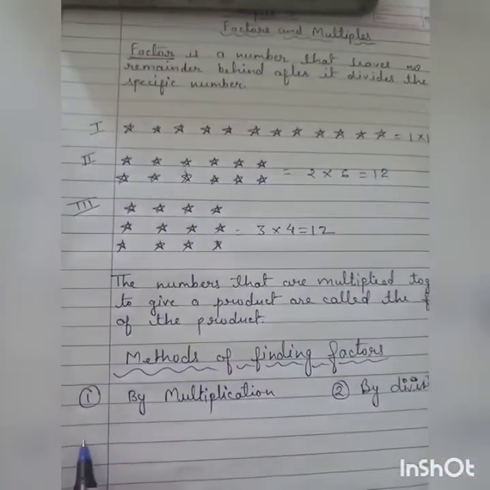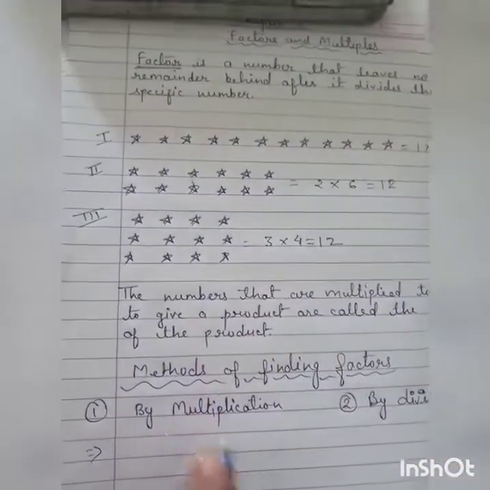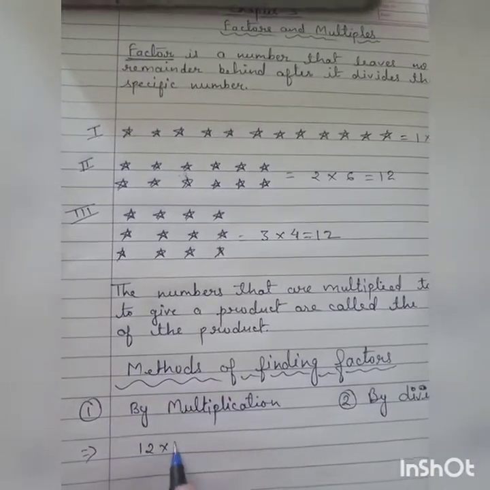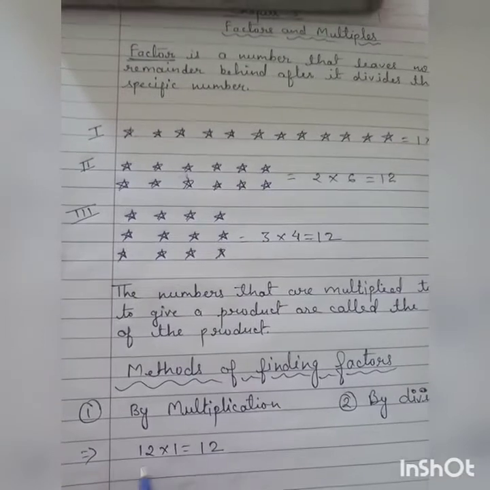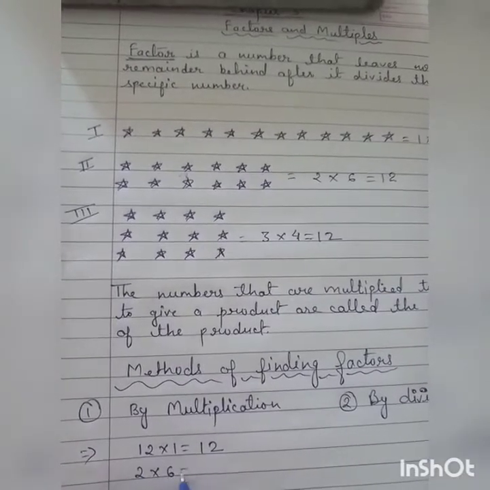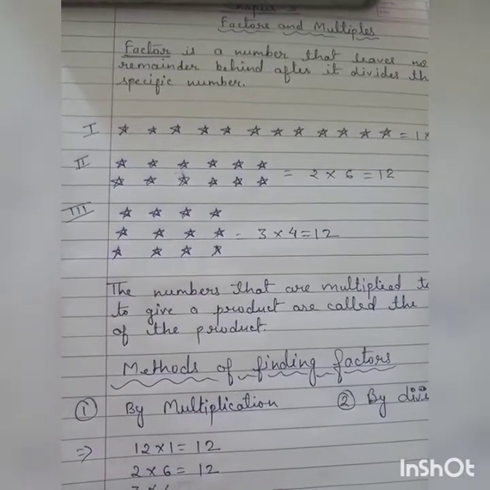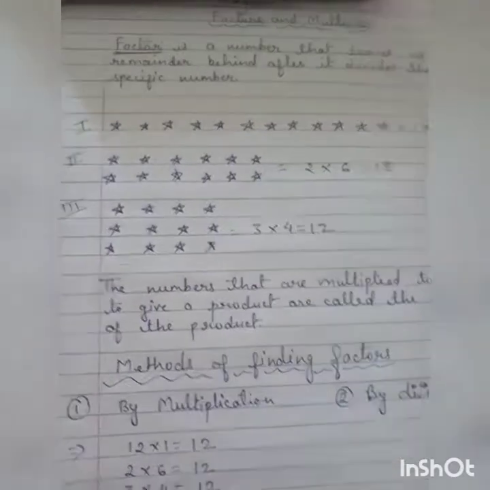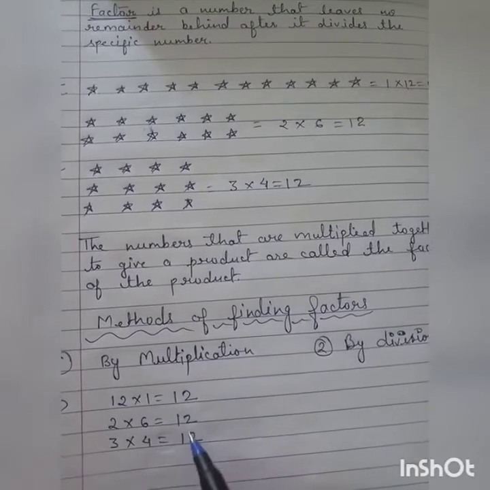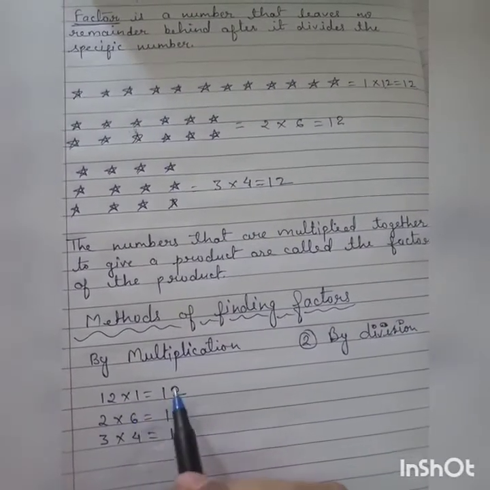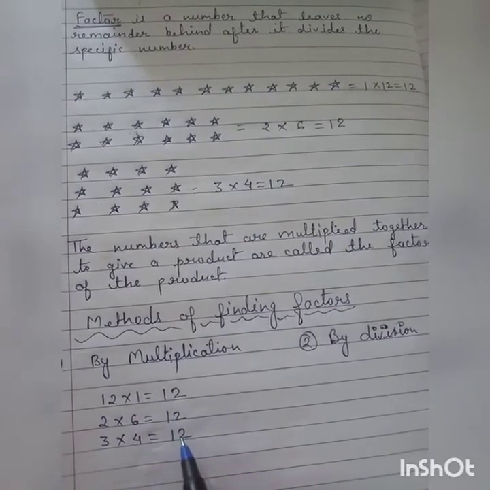So you see, for the number 12 we can write 12 multiplied by 1 is equal to 12, 2 multiplied by 6 is equal to 12, 3 multiplied by 4 is equal to 12. Only these 3 ways are there to find the factors of the number 12.